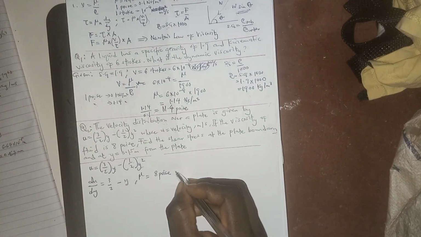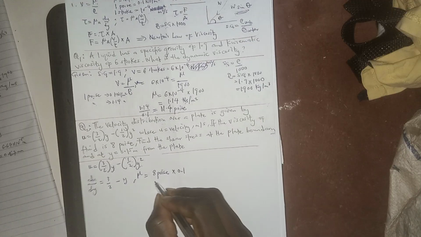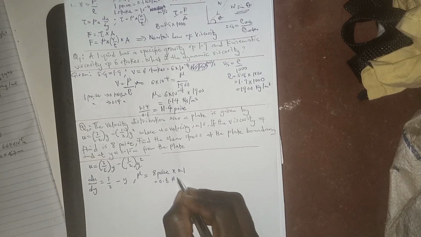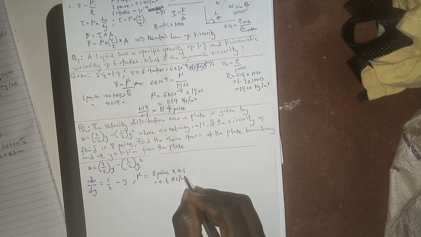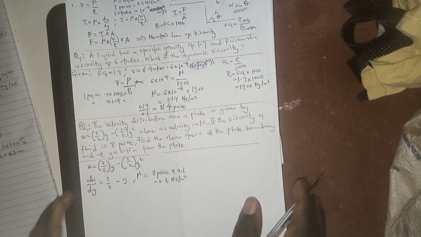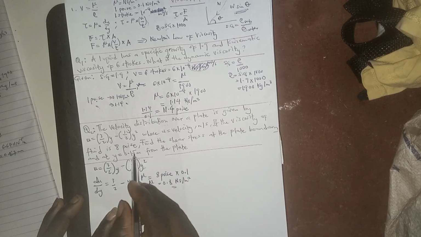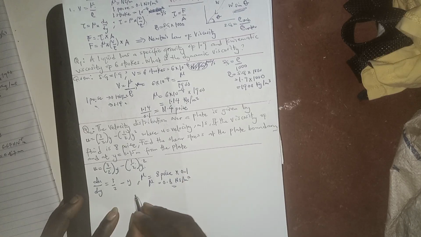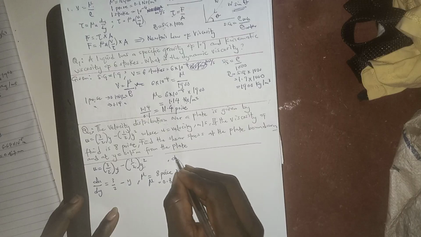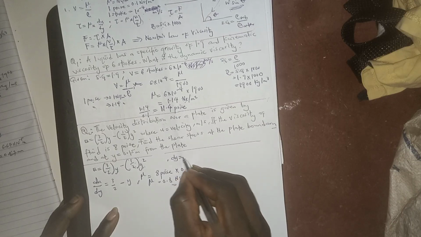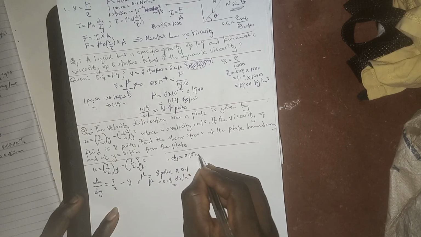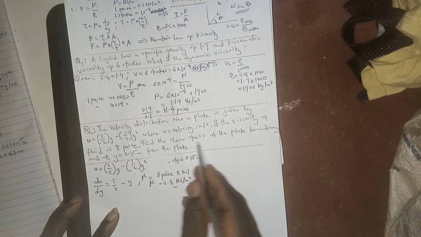So we are multiplying by 0.1, which will be 0.8 Newton seconds per meter square. So we already have our dynamic viscosity. What else are we given? We are given y, 0.1 m.